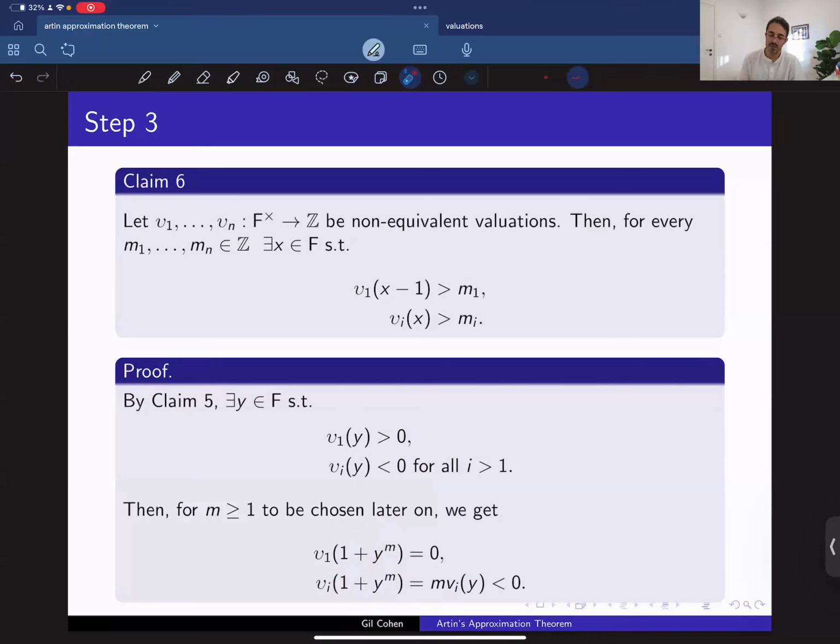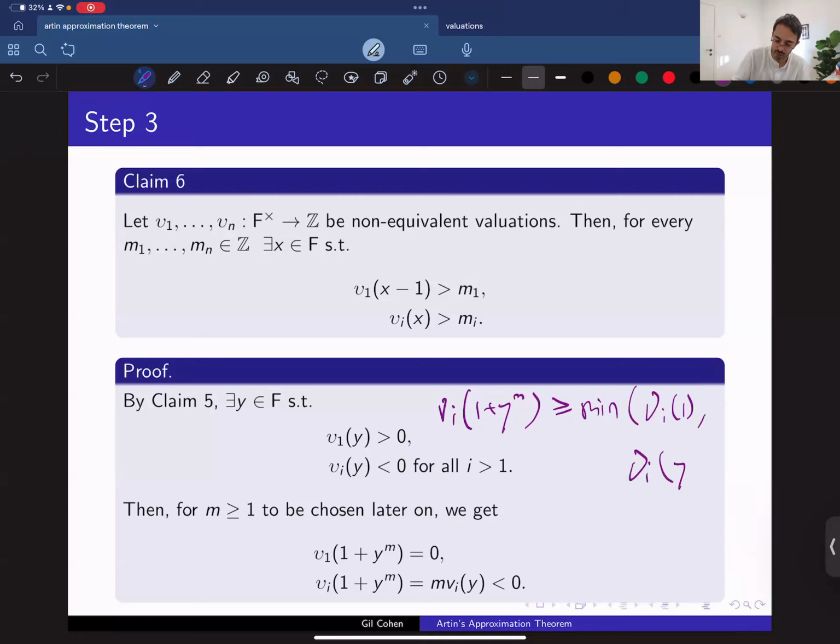But again, you can do it with the strict triangle inequality, right? It's the same thing. You can say, well, Vi, not V1, of 1 plus y to the m is at least, going to be an equality in a second but you don't know that yet, the minimum between Vi of 1 and Vi of y to the m. But the difference here is that now this thing is negative, because of that.